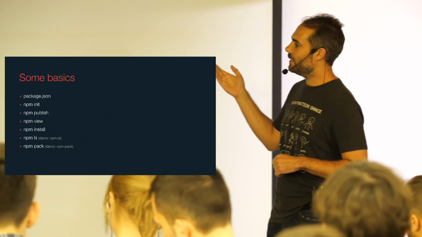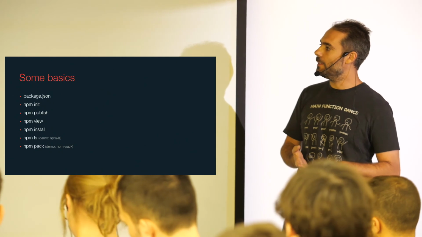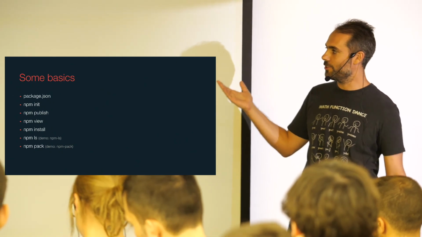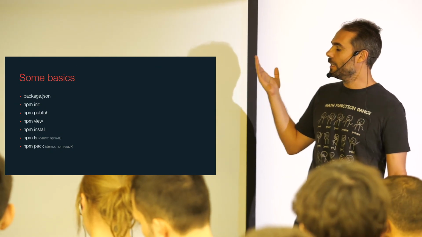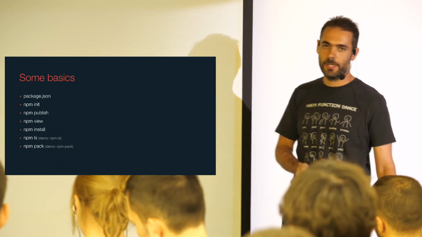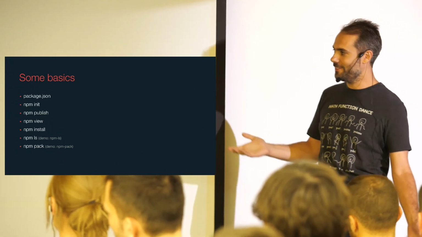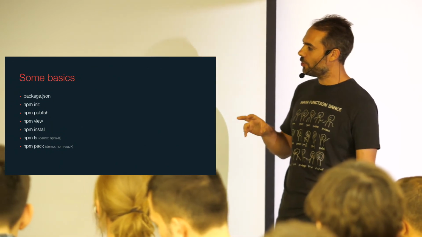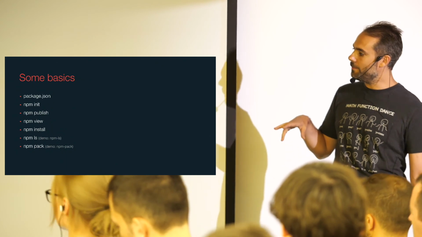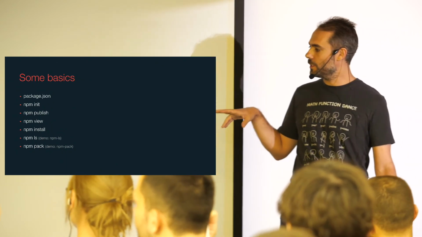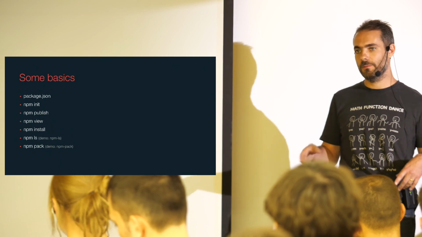Package.json is a file that defines your module or your app, its dependencies, and so on. npm init allows you to create a new package.json. npm publish publishes your module. npm view fetches some data from the registry and shows it to you. npm install, you all know what it is, it installs packages. npm ls shows the packages already installed locally in your app or module. npm pack is a nice command that will pack your module like it would for publishing it, but without publishing.